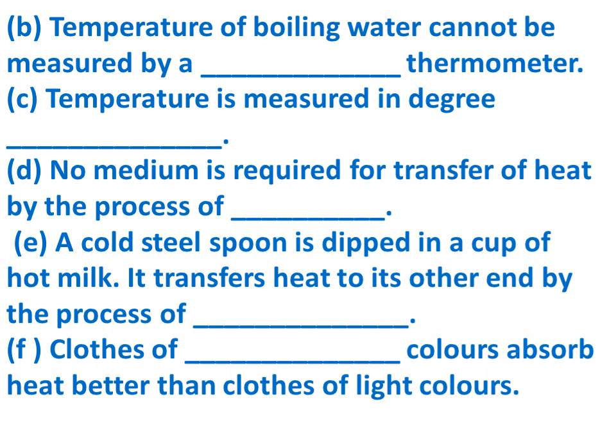Fifth, a cold steel spoon is dipped in a cup of hot milk. It transfers heat to its other end by the process of dash. Last, clothes of dash colors absorb heat better than clothes of light color. So this you need to do. If you have a book, you can do it in your book also.